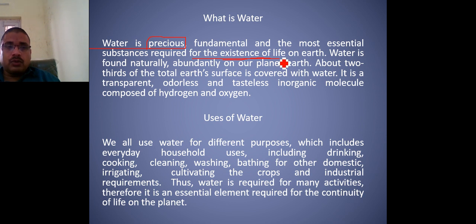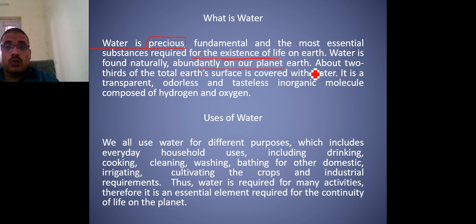Water is naturally abundant on our planet Earth. It is not made by anybody, it is just available on the earth, and because of that, life is possible on the earth. On other planets there is no life, because there is no water. If there is no water, there will be no life.